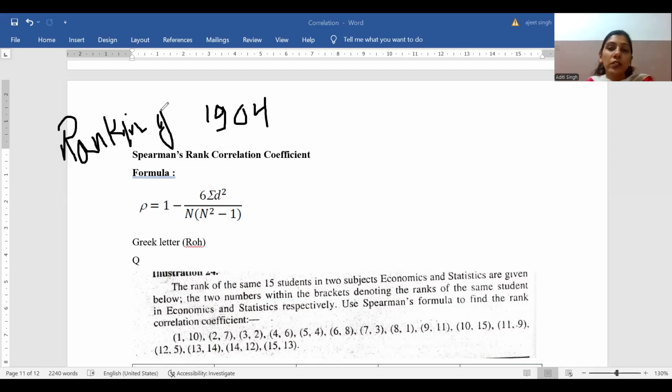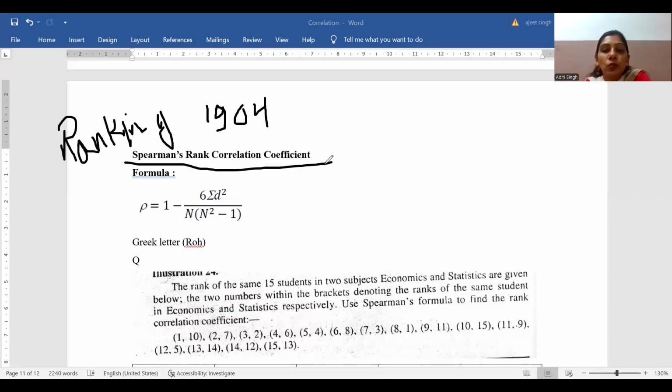When we have to measure some qualitative facts with the help of a quantitative method, then we use this Spearman rank correlation coefficient. Suppose we have to find out the correlation between honesty and beauty of 10 people, then we cannot measure this by a quantitative method.